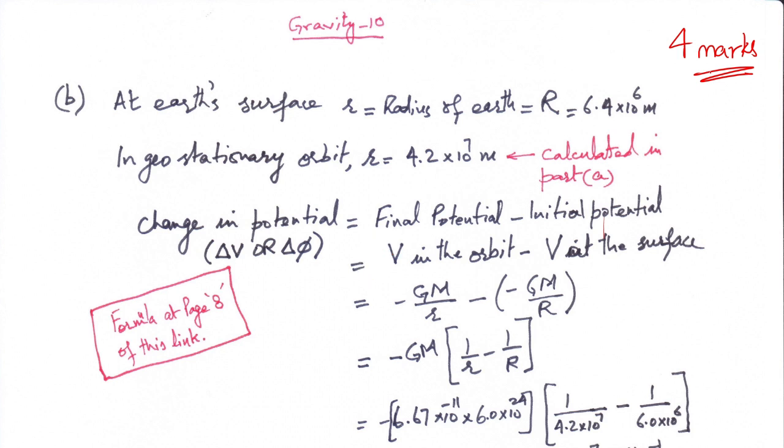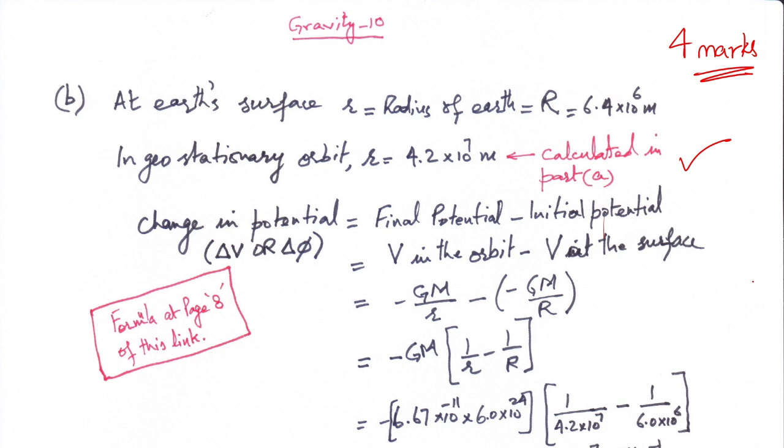So in the orbit, we'll take small r, and on the Earth's surface, we are going to take capital R. Then in the next step, I have taken GM as common outside the bracket, and then put in the values of GM and the radius which we have already calculated in part A, the radius of the orbit of the satellite, and then we put in the radius of the Earth, calculate and write down the answer.